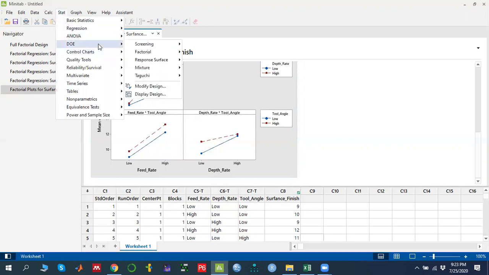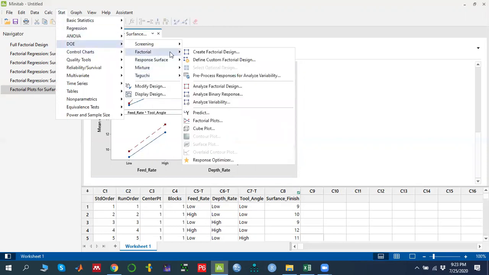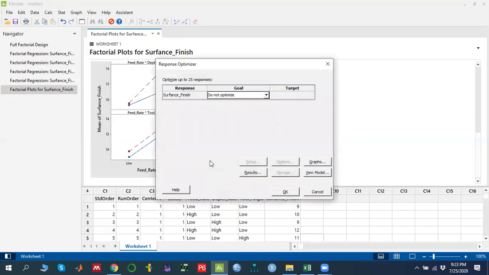Furthermore, we can optimize it. How can we optimize it? Click on response optimizer. And what's your goal? What do you want to do with the surface finish? Let's say I want to hit the target, and my target is, let's say, 5.